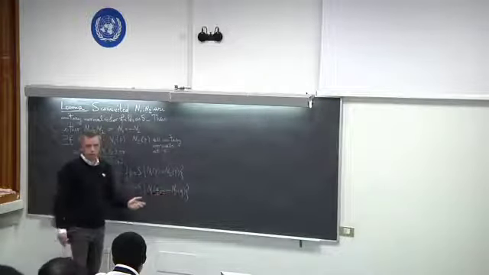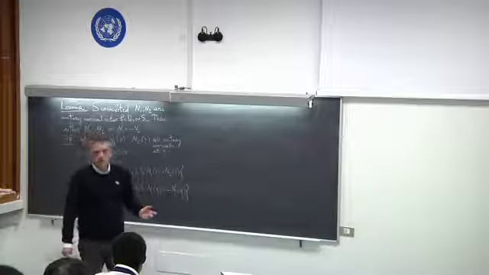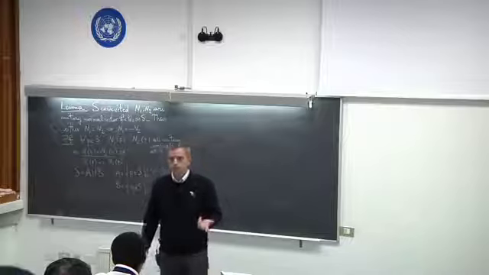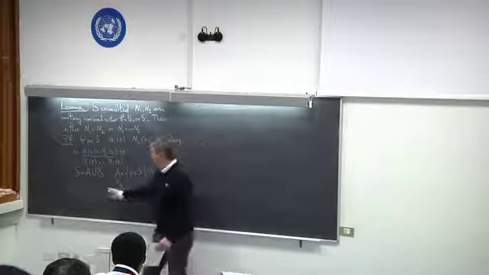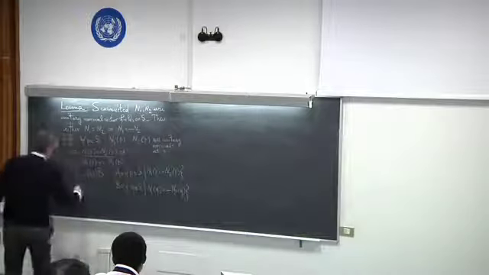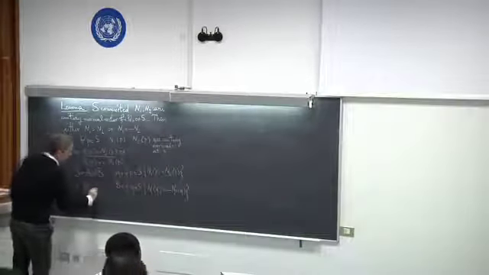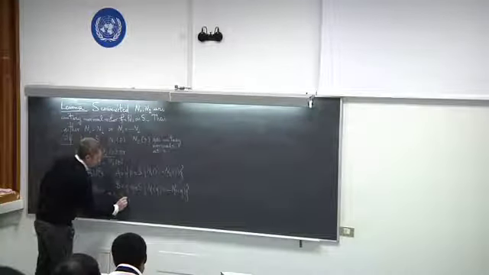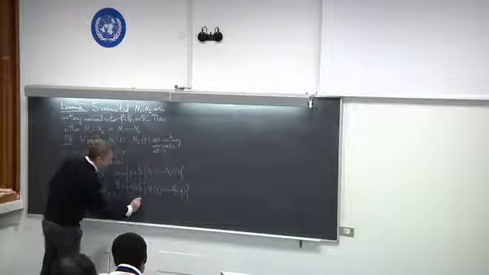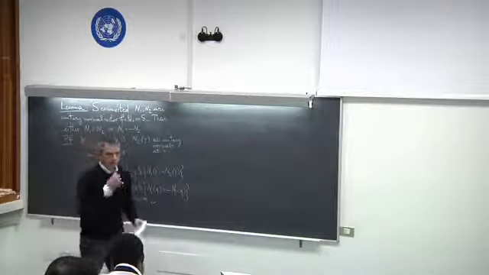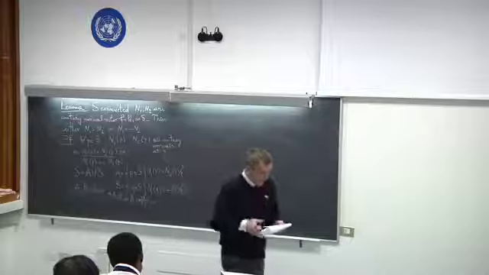So these are both closed. So at least one of them has to be empty. Otherwise, you contradict the connectedness. Okay, so A and B are closed. And this implies A or B empty. And that's it. End of story. Okay?